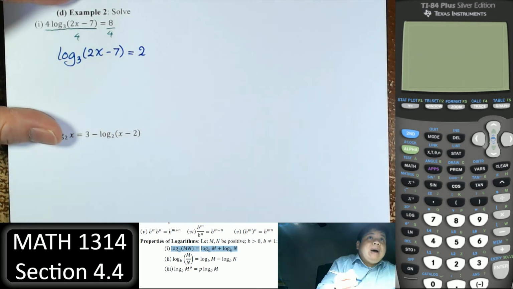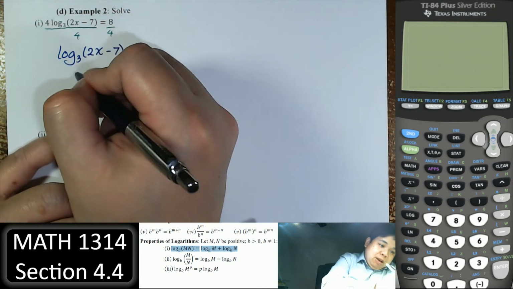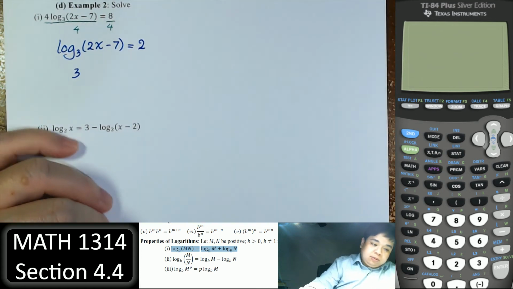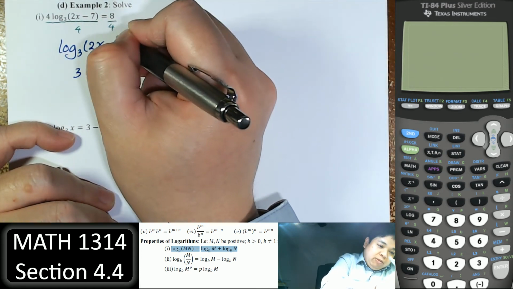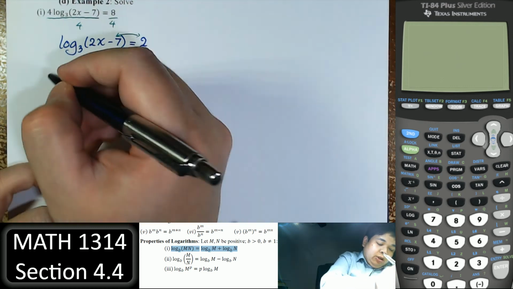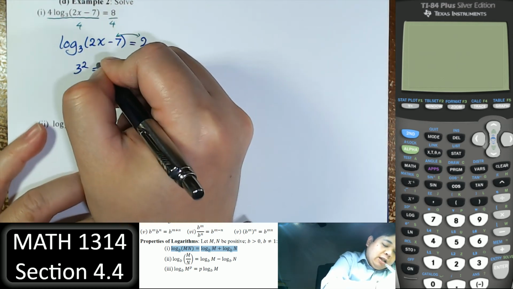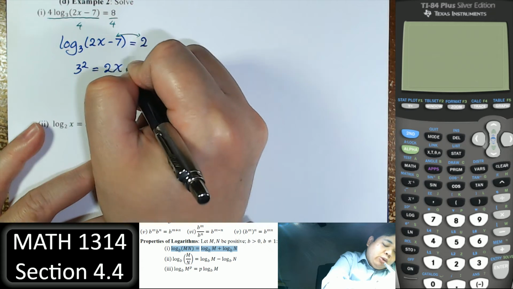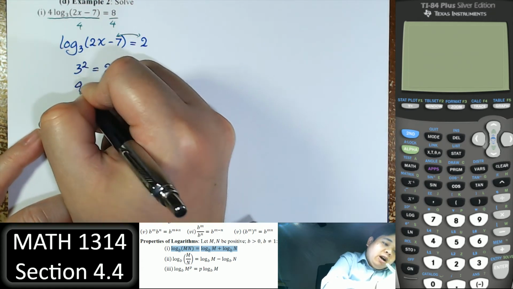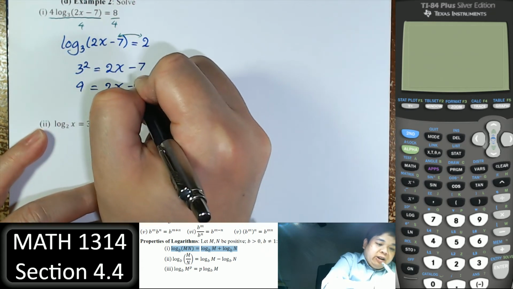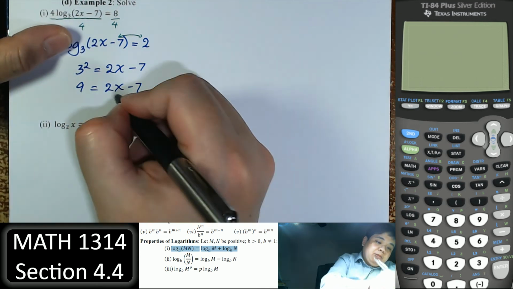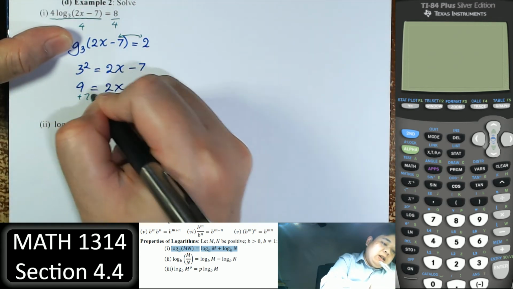And then we just swap to exponential form. The base is 3. And we just swap this 2 to this side, and the 2x minus 7 to the other side. That gives us 9 equals 2x minus 7, plus 7 on both sides, and divide by 2.